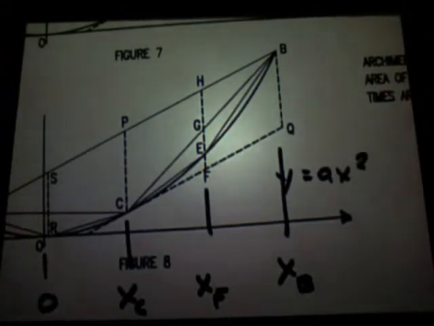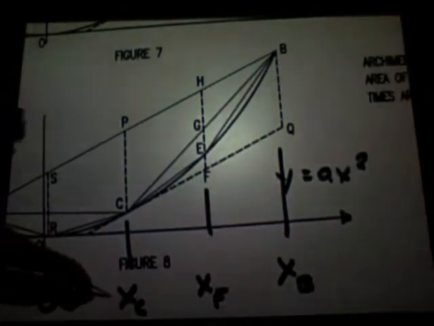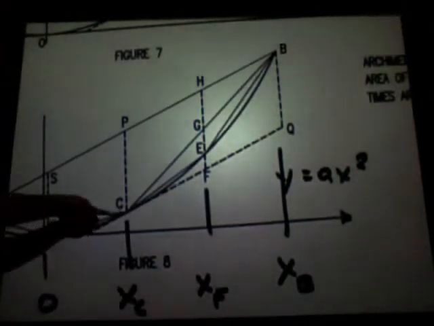This is the one that's a little obscure in the book. Yeah, the line doesn't go to the origin. Well, no problem. Go to x sub c squared multiplied by a. That gets you to here. That's the y of c.